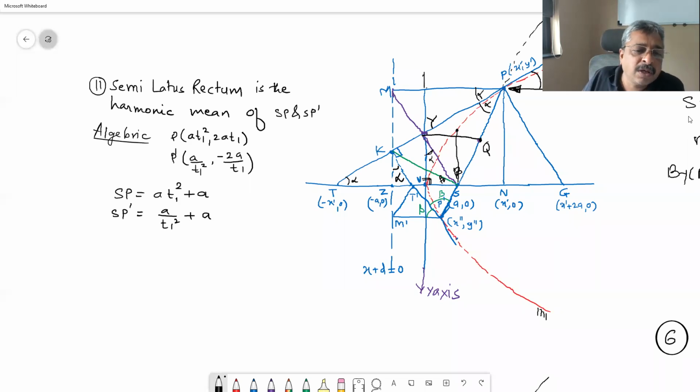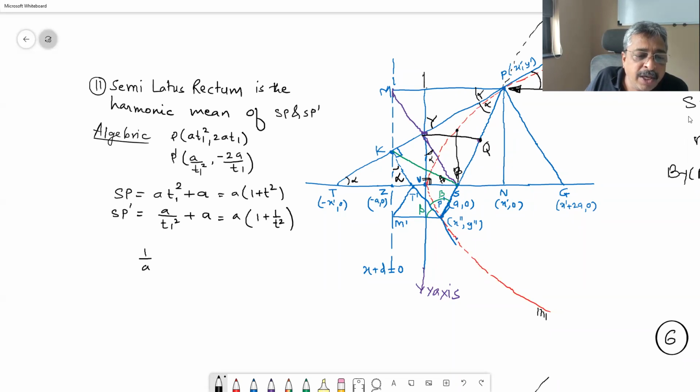Now we are supposed to take the harmonic mean of this. So take reciprocal. So 1 upon, we can say this as a inside bracket 1 plus t square. Now let me write t, only one parameter, and a inside bracket 1 plus 1 upon t square. Correct? Yes.